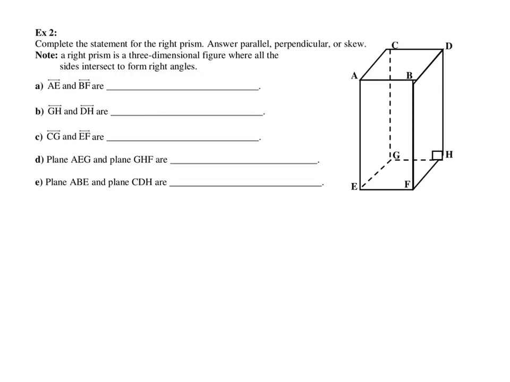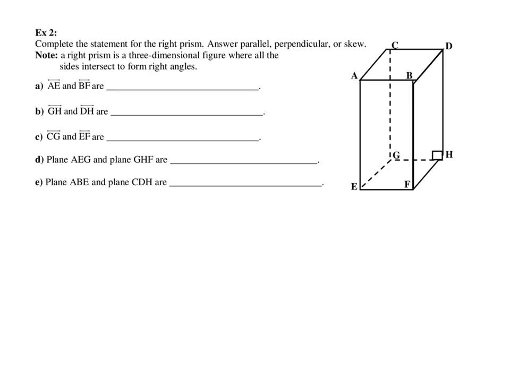Example 2. Complete the statement for the right prism. Answer parallel, perpendicular, or skew. One note here: a right prism is a three-dimensional figure where all the sides intersect to form right angles. Let's see how this works out now.